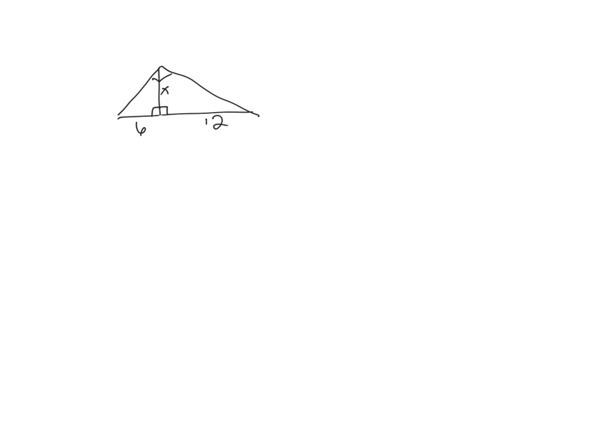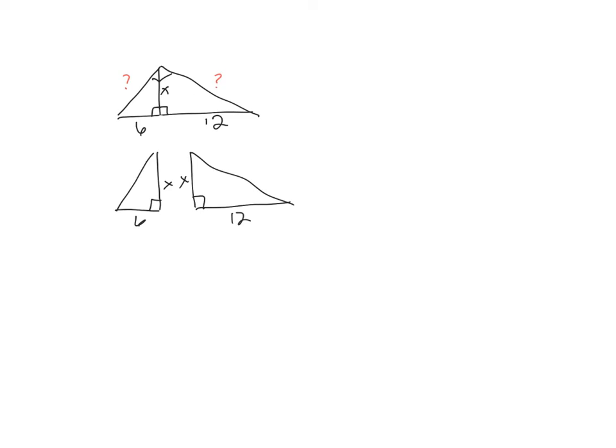So again, if you look at the big triangle, I don't know that side, I don't know that side. So the two triangles that you're going to use are going to be the two triangles that are made in the middle.